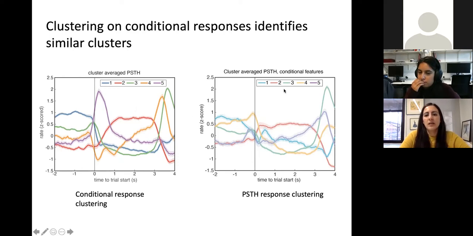Interestingly, the neurons in the red and green clusters were conserved across both clustering methods, suggesting that those neurons exhibit similar PSTHs, or temporal response profiles, and also similar encoding as defined by the feature space.